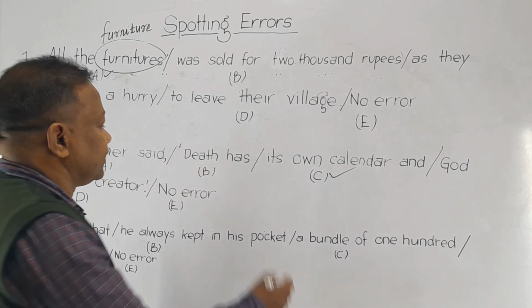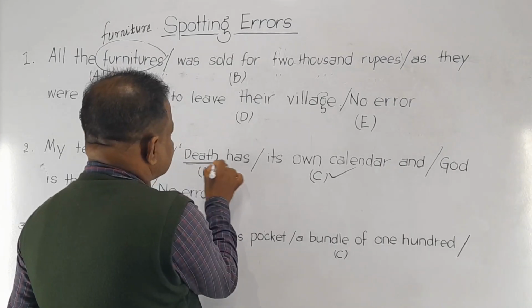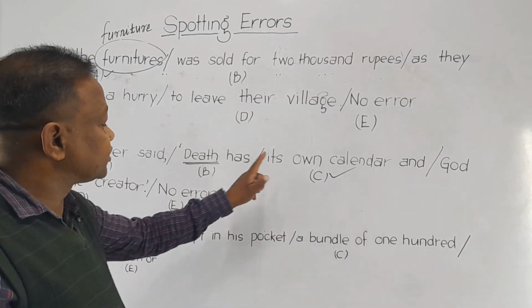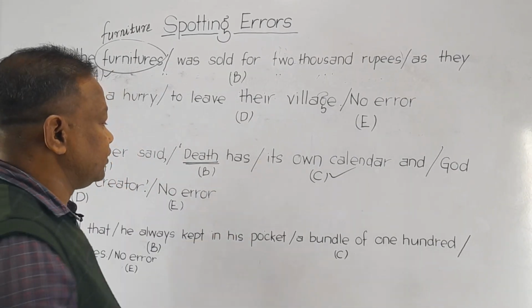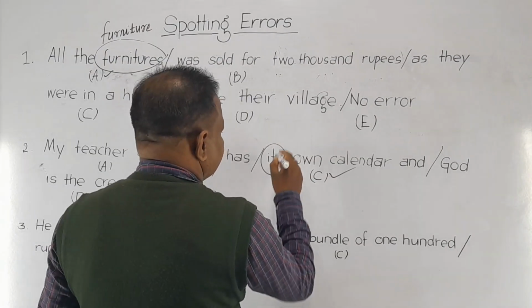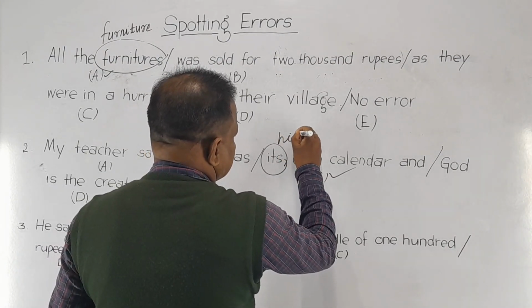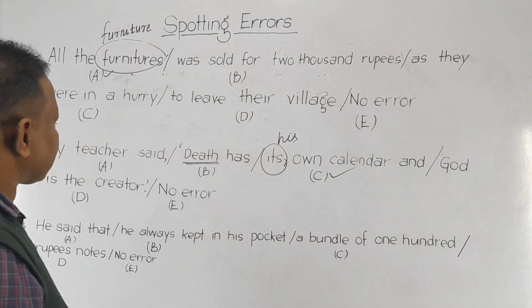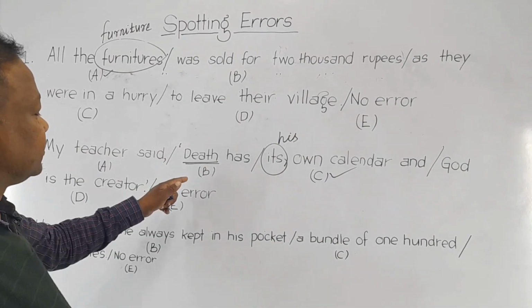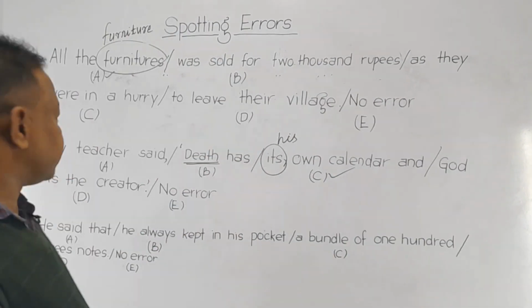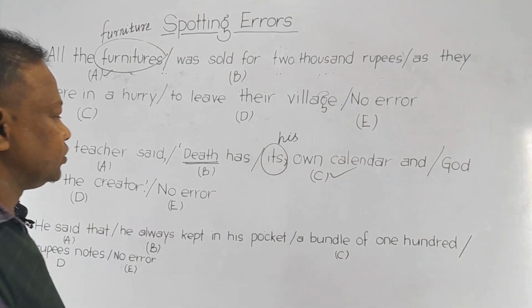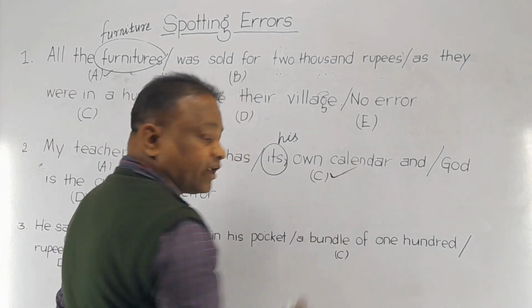So if it is considered masculine, its pronoun must be masculine. Instead of its, you need to write his. The correct answer: my teacher said, death has his own calendar and God is the creator. So the answer is C. Here is the error.